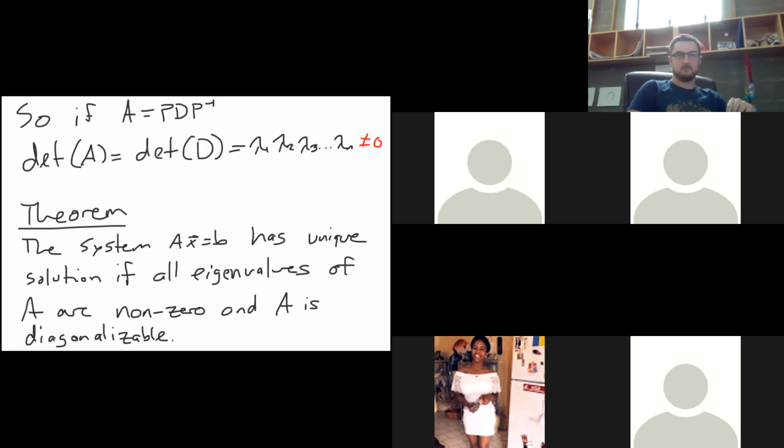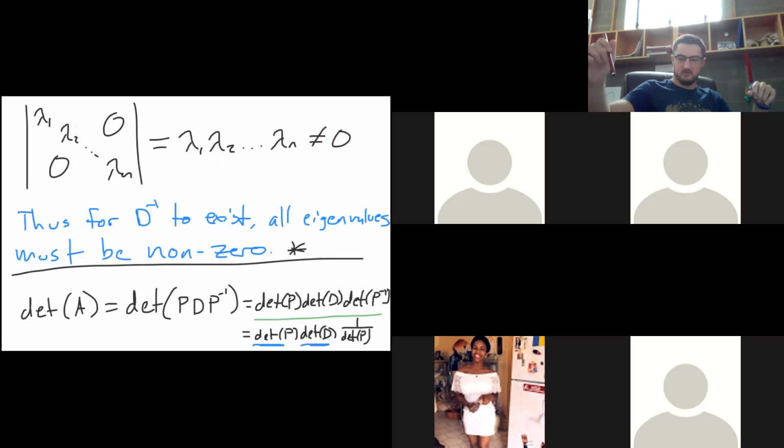Yeah, could you go back to the past slide, the one before? Yeah, so let me go here. So once we find all of this, that means that we've basically found out what P times D times P inverse is.